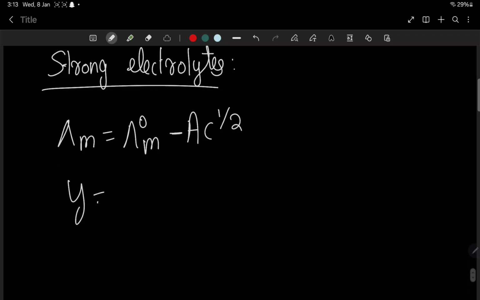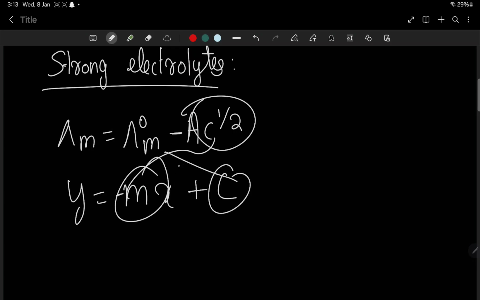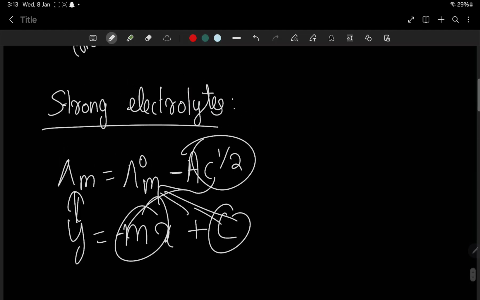Y equals mx plus c. M is negative, so it has a negative slope. This is c, this is the limiting molar conductivity. Understood? Okay. The value of A is different for different electrolytes.